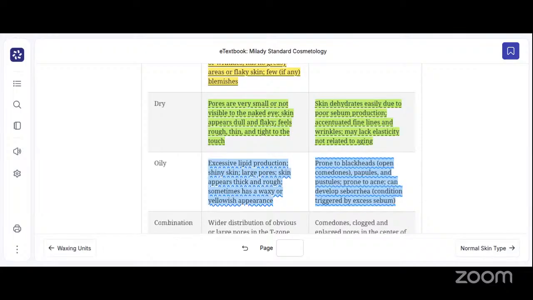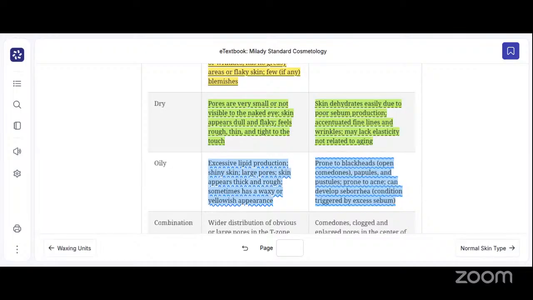Papules are little bumps like pimples, but they have a compaction of oil and sweat buildup in them. And pustules. Now we're talking about pimples with pus. Then prone to acne.